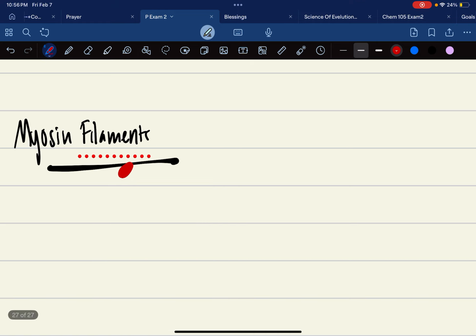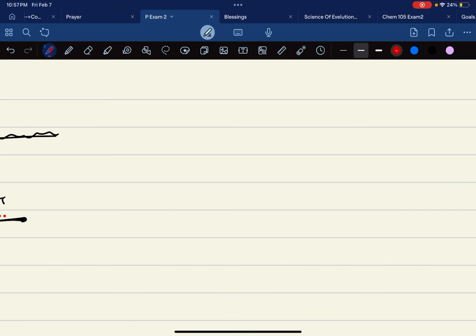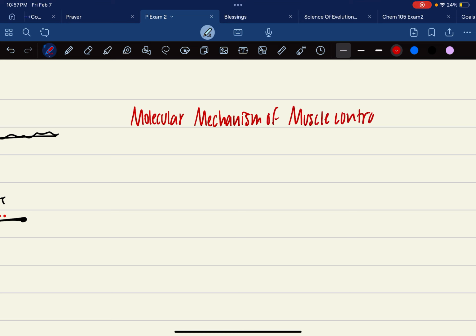Okay, so mechanics. First we have calcium binding.